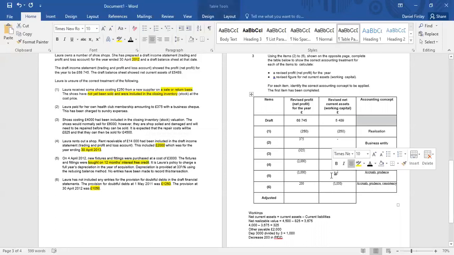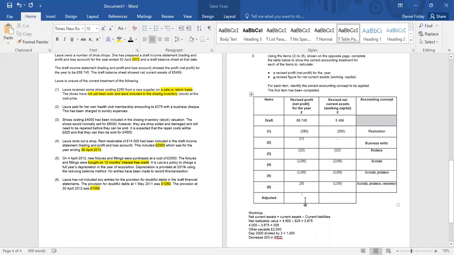So that means she's got a trade payable now. She's got £3,000 trade payable. So that means that the current liabilities will increase by 3,000, which means the net current assets will decrease by £3,000. So I missed it out there. Okay, then all we need to do is just total them up.